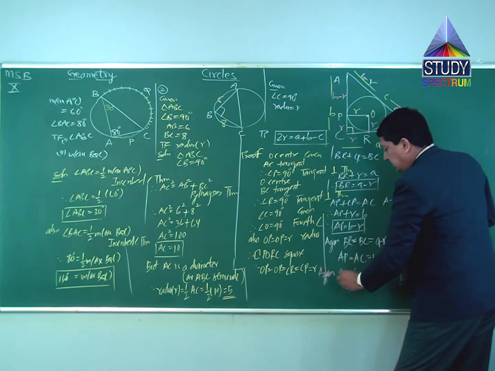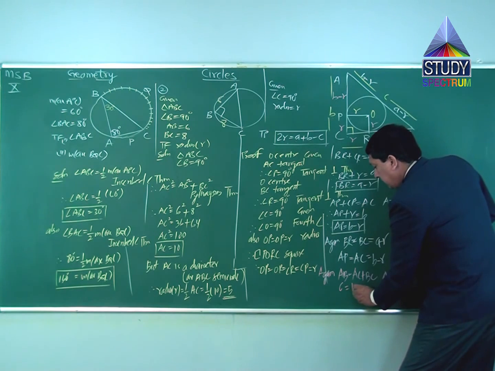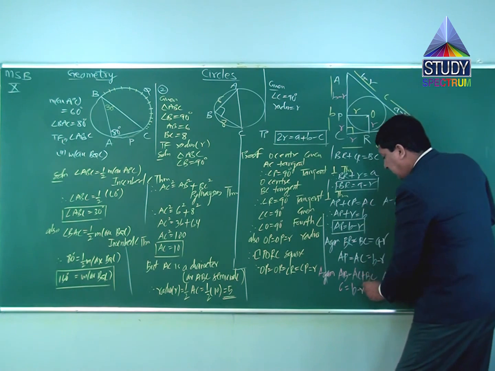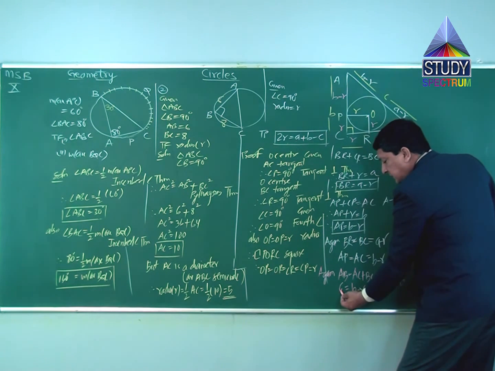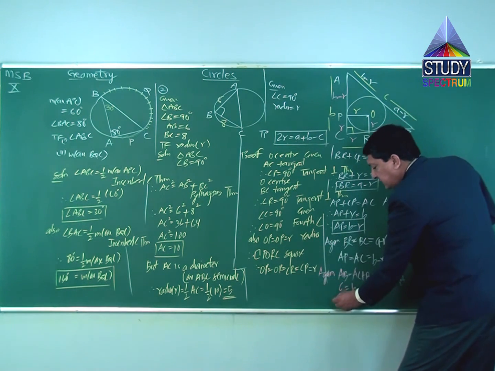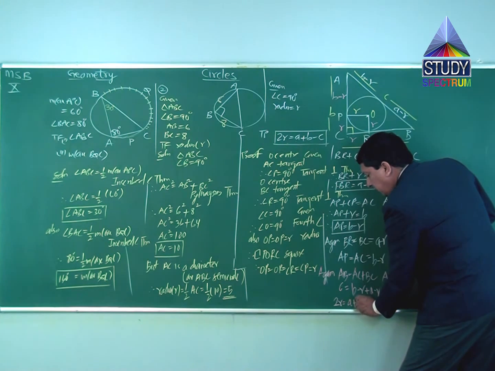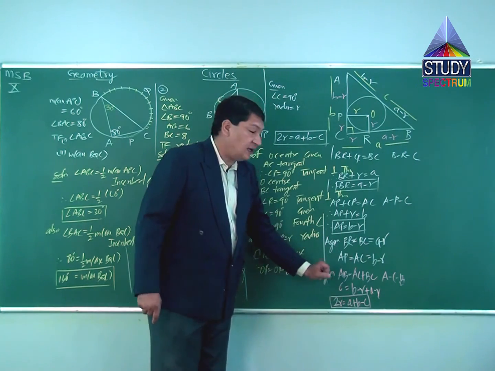So now AB is C, small c, AC is B minus R, BC is A minus R. So we get C is equal to B minus R plus A minus R. This gives minus 2R. Minus 2R, if you bring it to the other side, it will become 2R. On this side what remains? A plus B minus C. This is what our answer is. A plus B minus C.